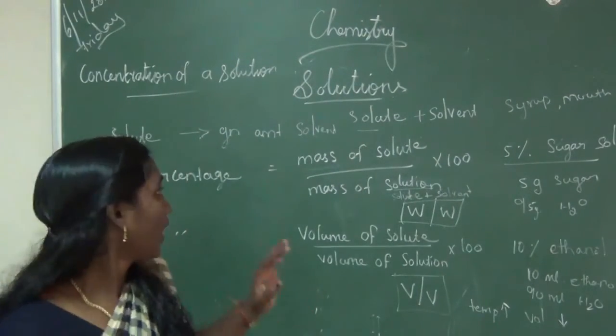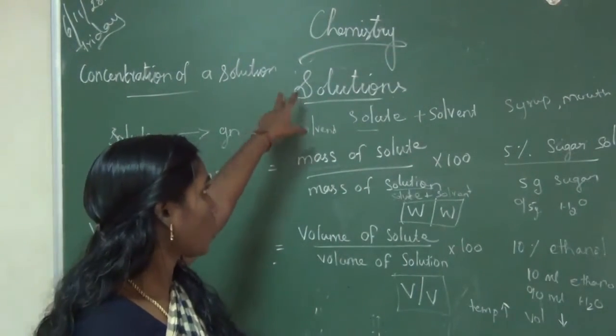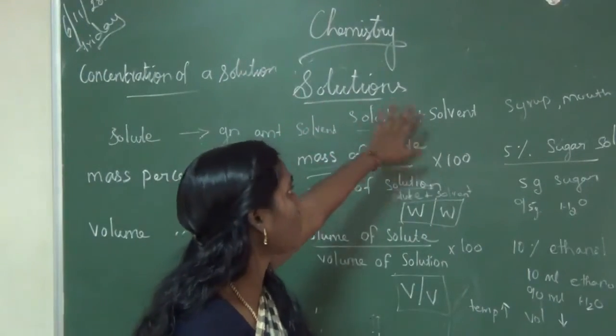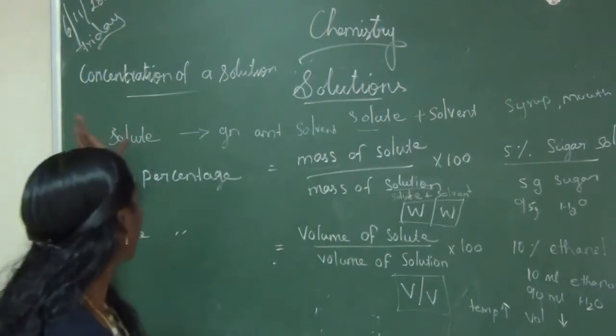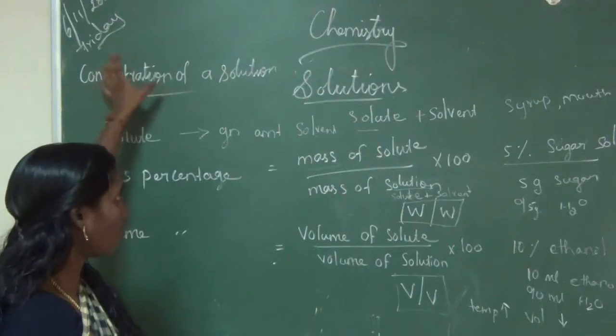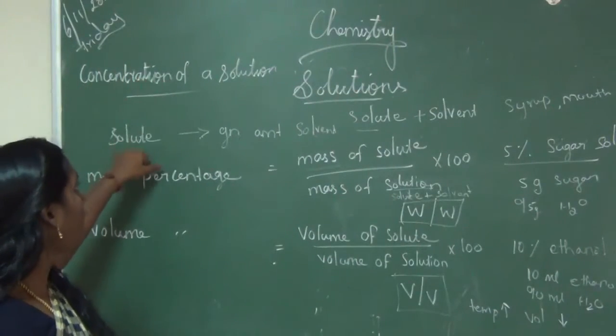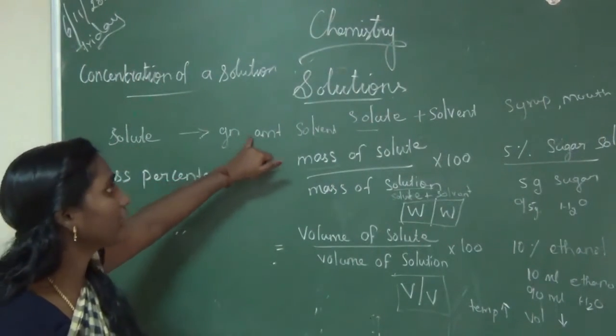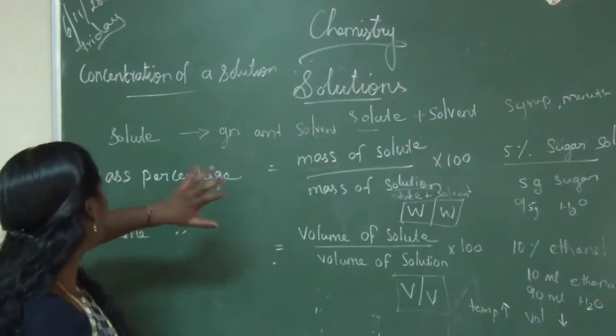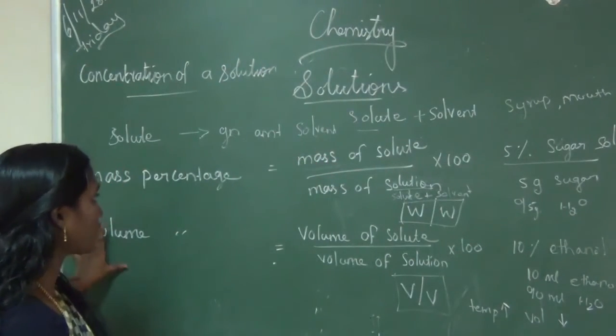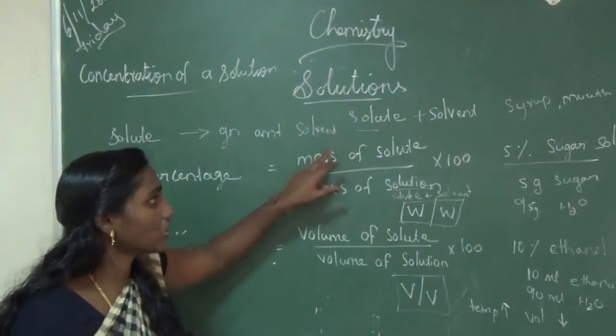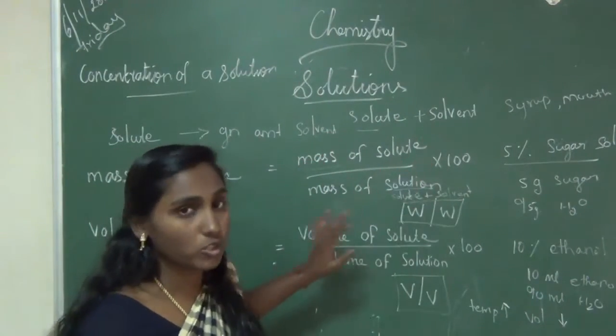Have you understood the solutions? So solution means solute plus solvent. Concentration of a solution is defined as the amount of solute present in a given amount of solvent. Then mass percentage, volume percentage. Mass percentage formula: mass of solute by mass of solution into 100.